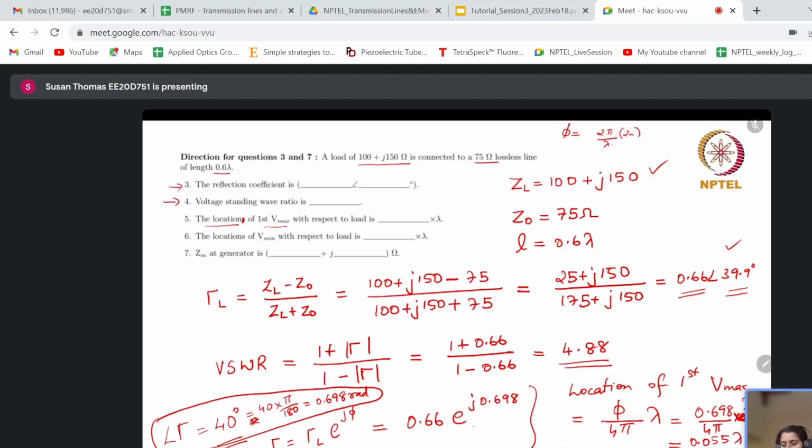So the location of first Vmax will be 0.055 lambda, in terms of wavelength.